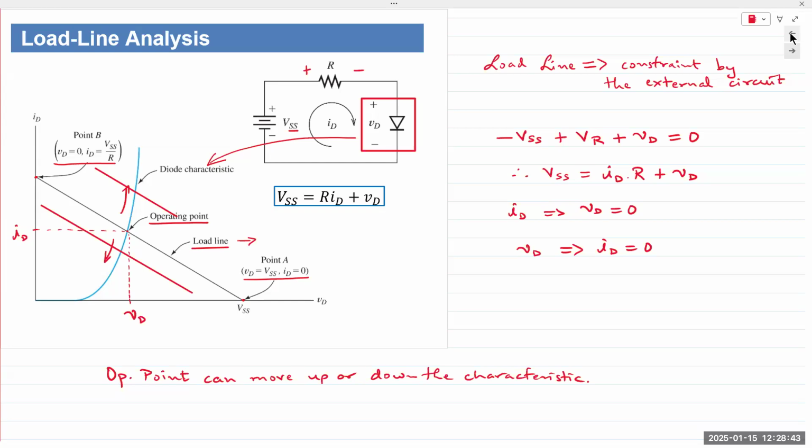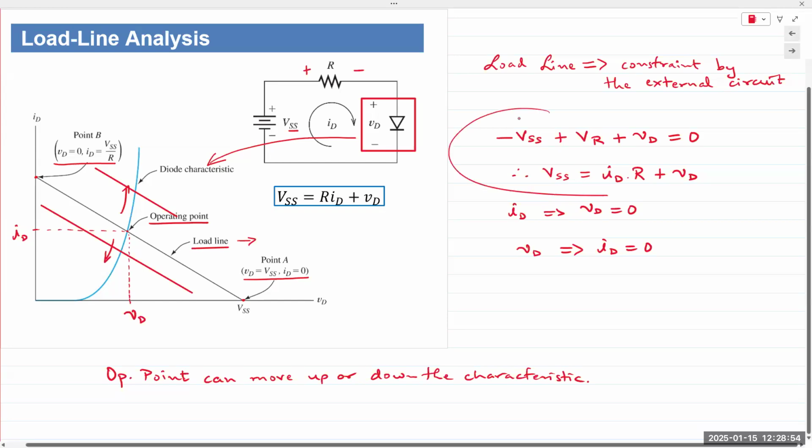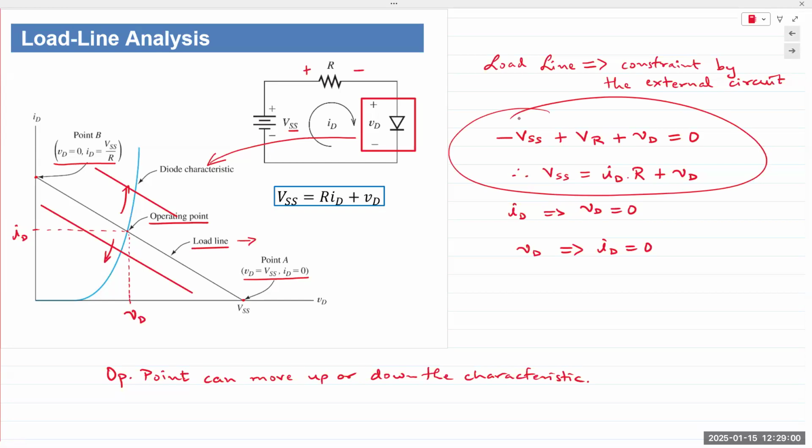So we can write a KVL or KCL equation for that external circuit, and we can generate a second equation. That second equation for this circuit gives us this. And in that second equation also, we have two unknown variables, ID and VD. So if we were trying to solve this analytically, we would have to solve this equation in conjunction with the diode equation. Okay. Graphically, the diode equation is already given to us.